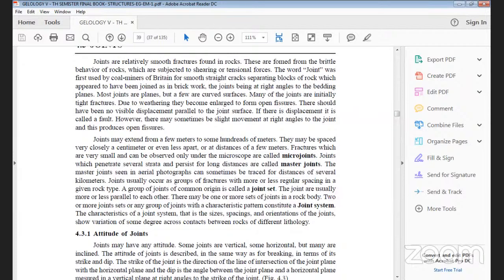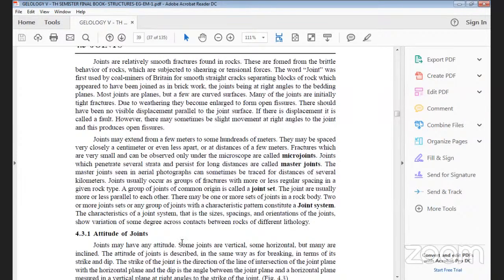A group of joints of common origin is called a joint set. The joints in a set are usually more or less parallel to each other. There may be one or more sets of joints in a rock body, and two or more joint sets form a joint system.